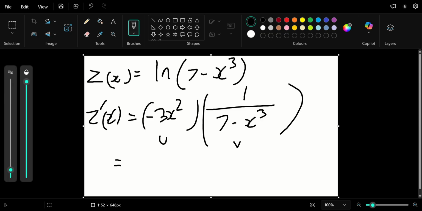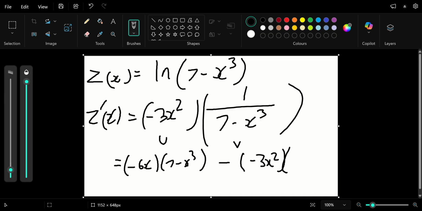So first, we can say this is u and this is v. Let's differentiate u first. According to the quotient rule, we have minus 6x, v remains the same, 7 minus x cubed, and all of this minus the second part, where this time u remains the same, and v is the one that's differentiated.